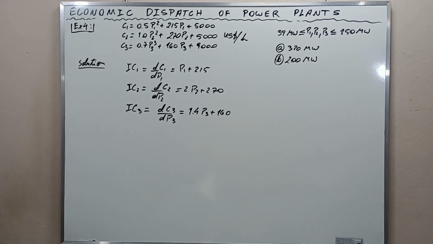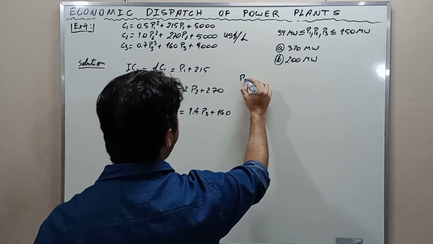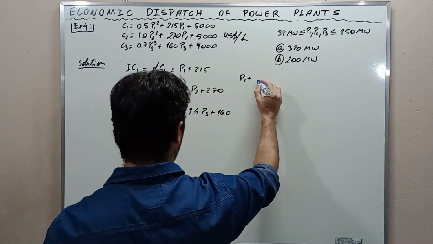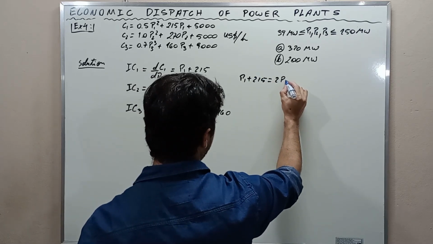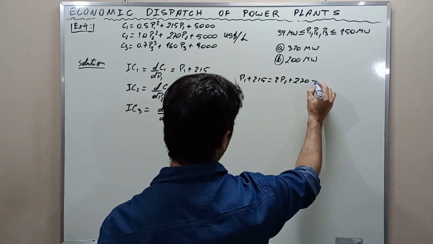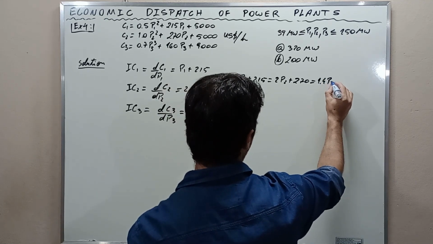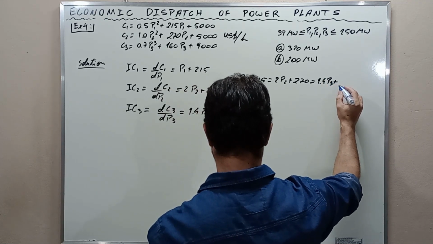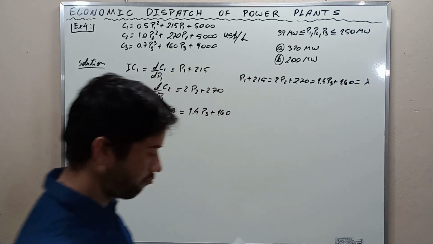For economic dispatch, they have to be equal. That is, P1 plus 215 has to be equal to 2P2 plus 270, which has to be equal to 1.4 P3 plus 160, and we are going to call it lambda.